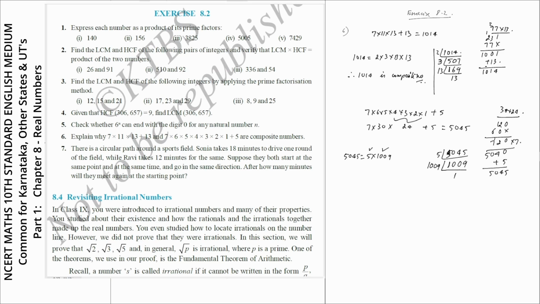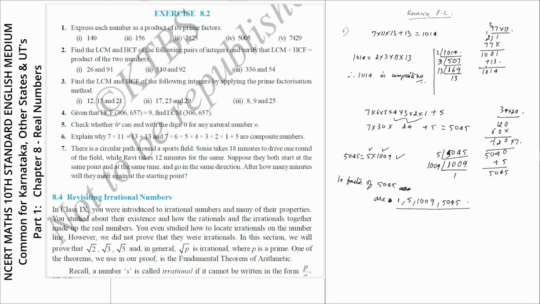So the factors of 5045 are: 1 is a factor, and as we derived 5 is a factor, then 1009 is a factor, and also 5045 is a factor.